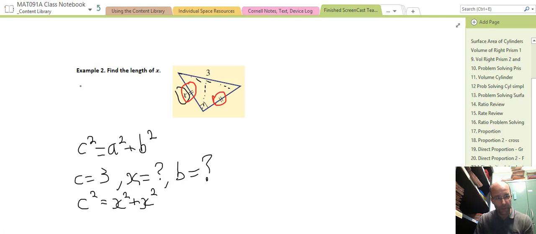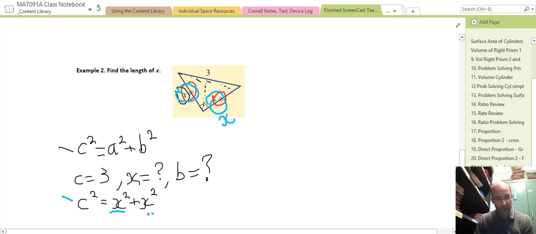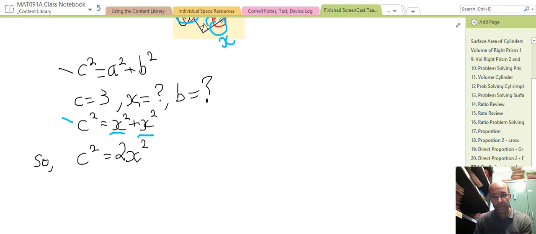So what we have, instead of c squared equals a squared plus b squared, we have c squared equals x squared plus, well, if those two there are the same, they're both x, aren't they? So we have x squared plus another x squared.